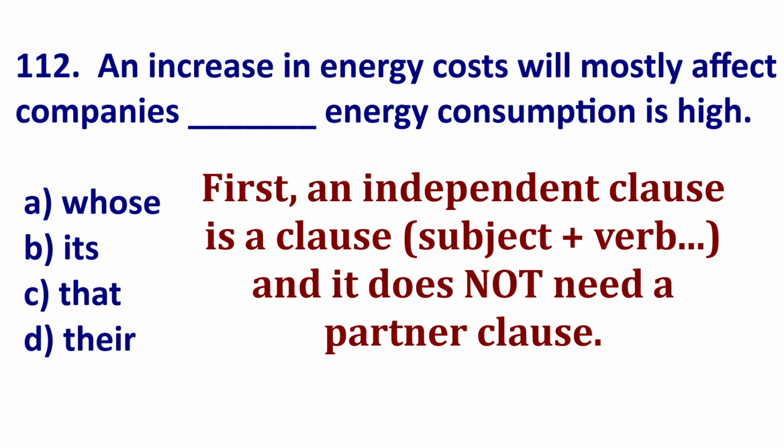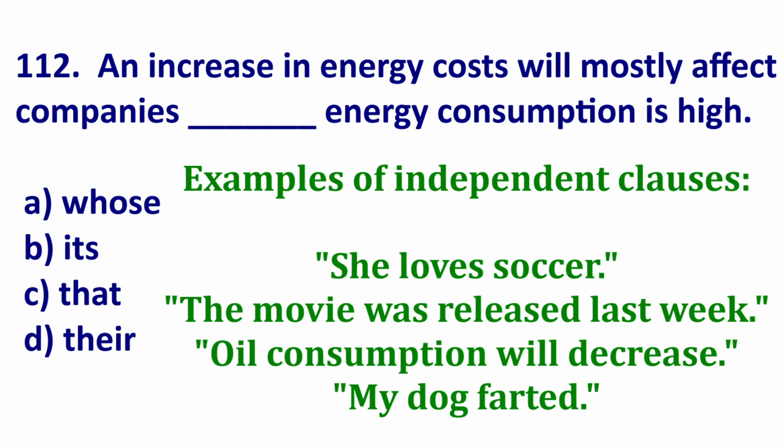Examples of independent clauses are: she loves soccer. Okay, does not need a partner. I have he, which is the subject, and loves, which is the verb. Or the movie was released last week. This is an independent clause.